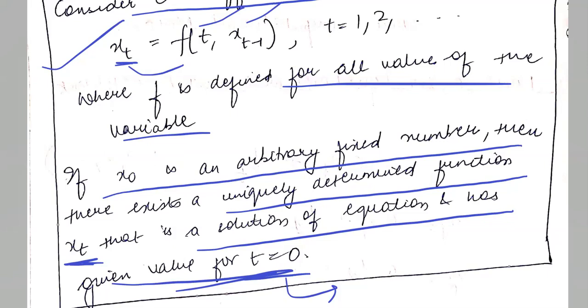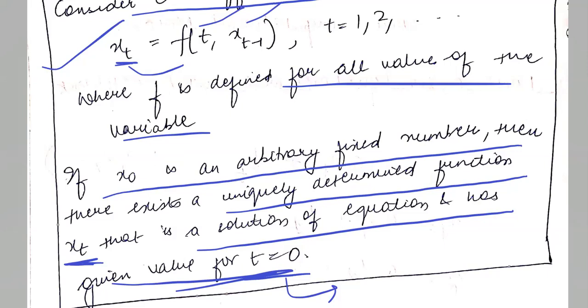Now this gives a very important conclusion: as the value of x naught changes, the value of xt will also change, right? Because xt is defined for a given value of x naught.